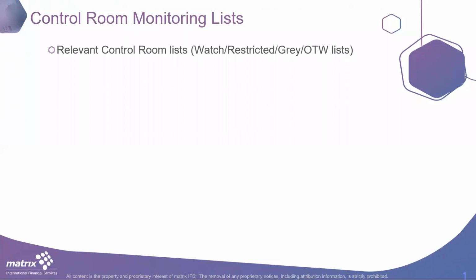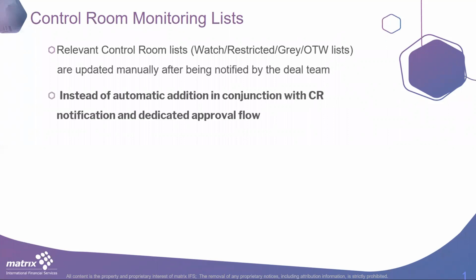What we're proposing here is basically an addition to automate the addition to the control room list, notifying the control officer, who has a dedicated action to confirm it within the email sent.